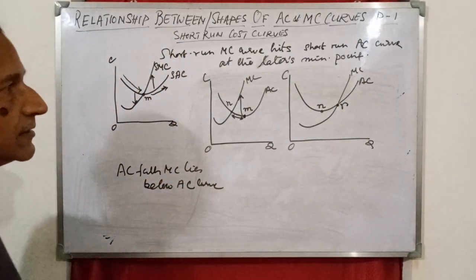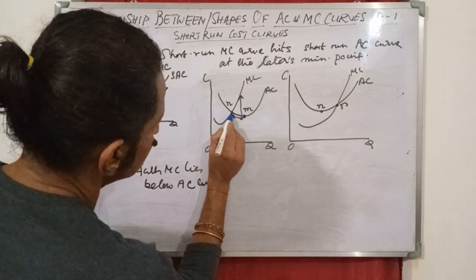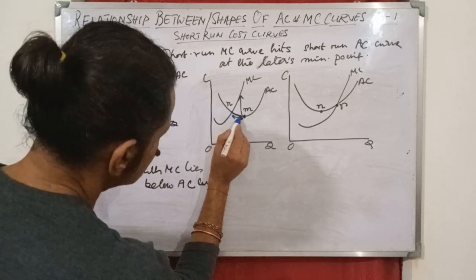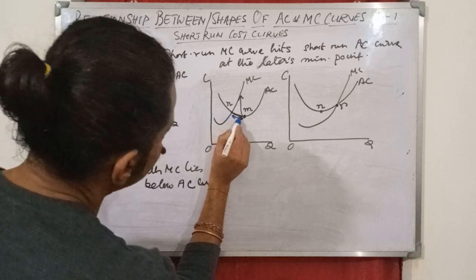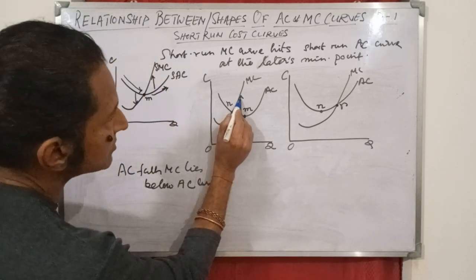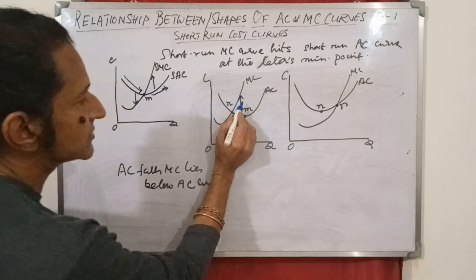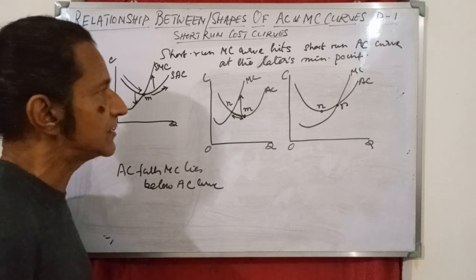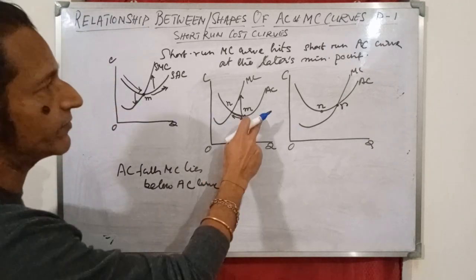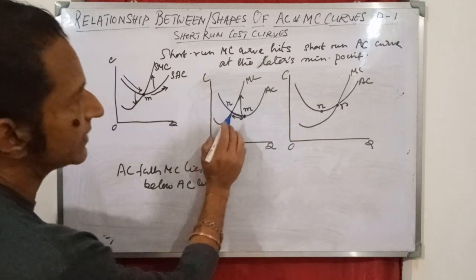But here you can see that in this portion of average cost curve, average cost is falling, but marginal cost is lying above the average cost curve. So the marginal cost curve cannot intersect the average cost curve at point N.